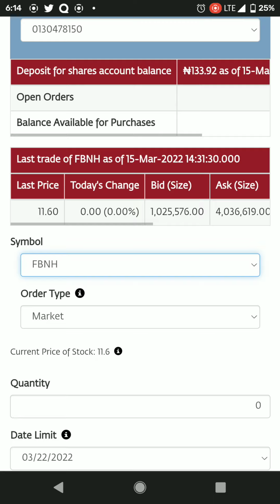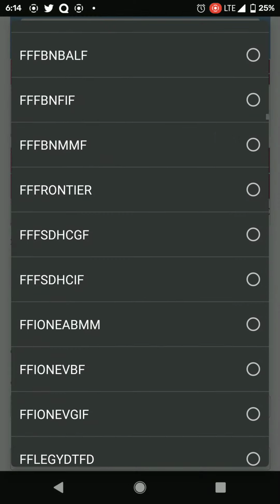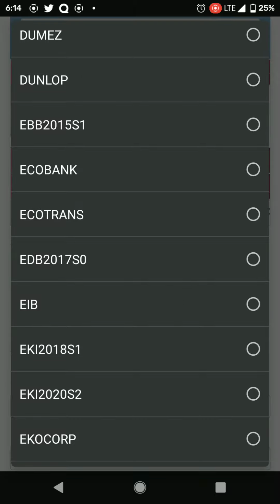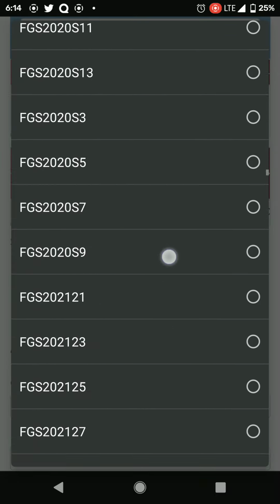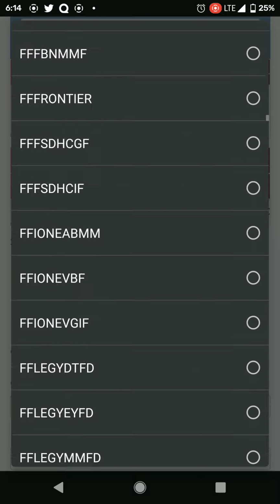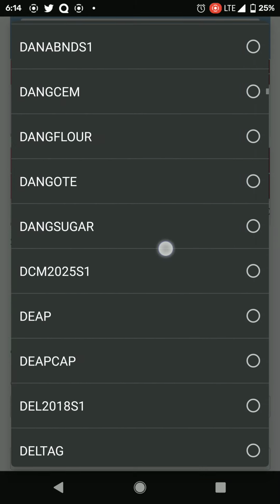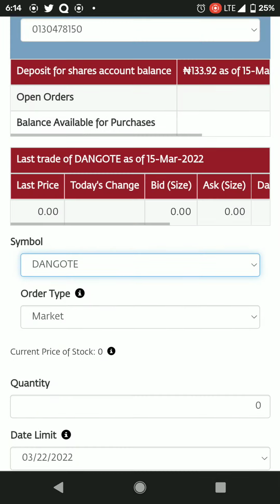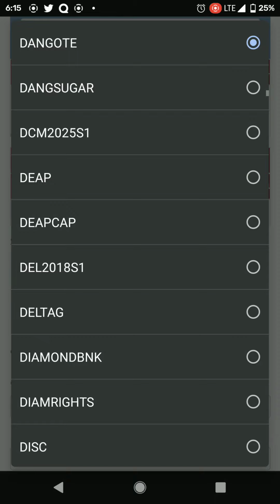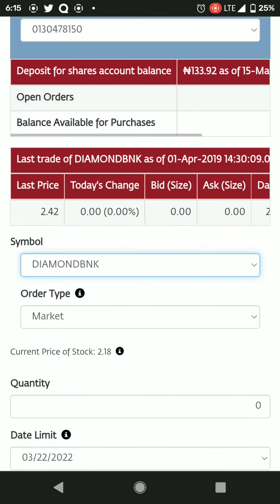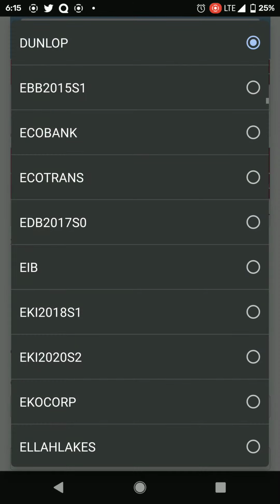Oh, there's no change on First Bank today as well. Sorry, I'm trying to pick a stock with change. So let me choose Dangote. Does it have a change? No change as well. Diamond Bank, no change. Dunlop, no change.